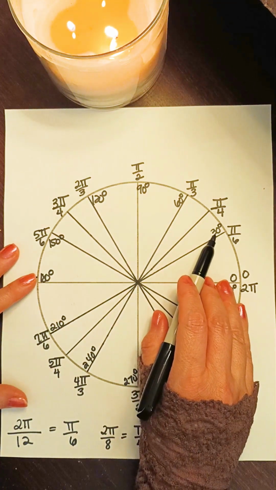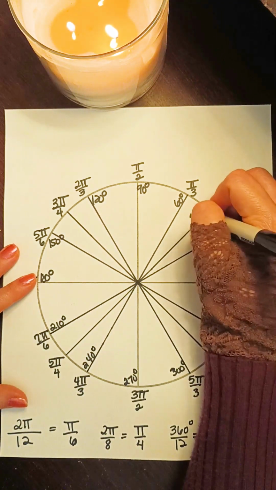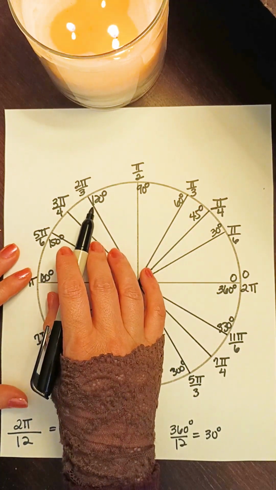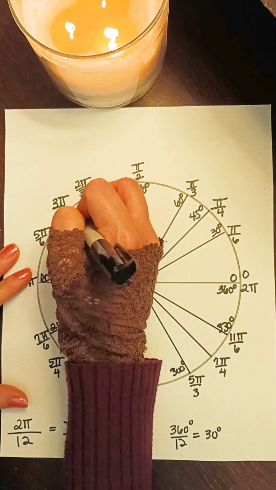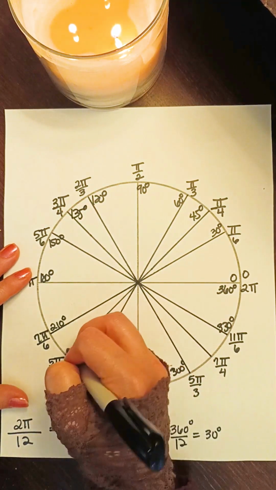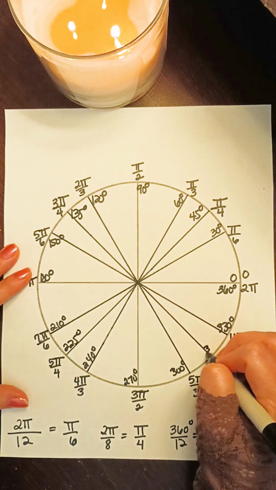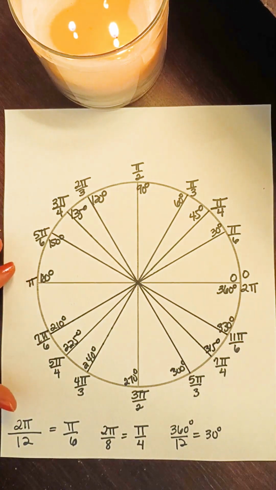So let's count that out. 30 plus 15 is 45. 120 plus 15 is 135. 210 plus 15 is 225. 300 plus 15 is 315. All right, so those are all our degrees.